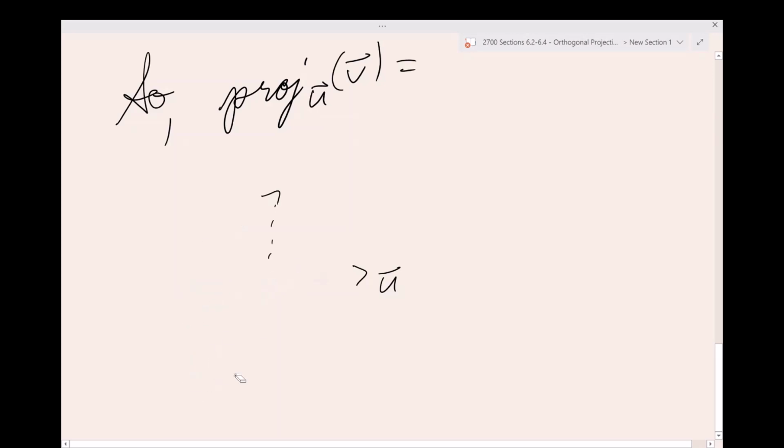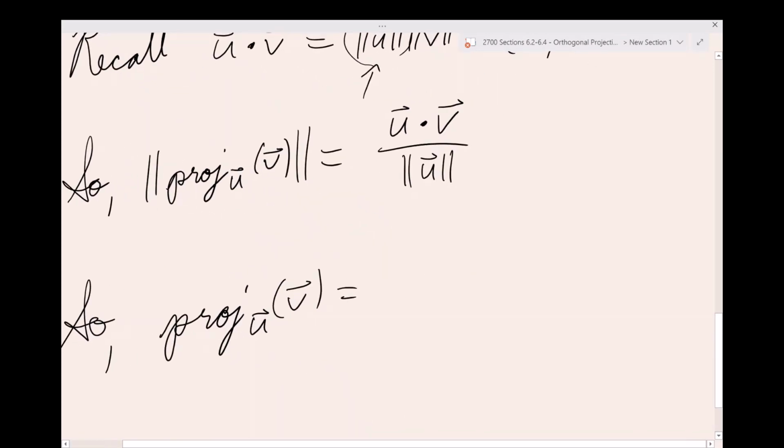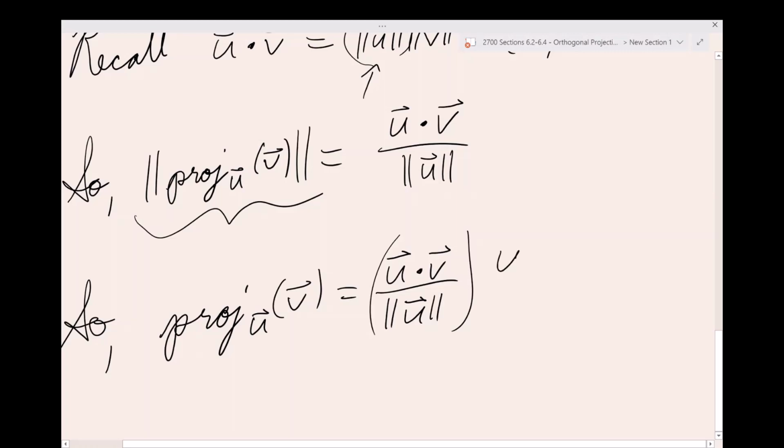So now I can get our formula. That projection is going to be this length, the length I wanted for the projection, which we already found was u dot v divided by magnitude of u. And then I'm just going to use that to scale a unit vector in u's direction, which would be u scaled down by its own length.